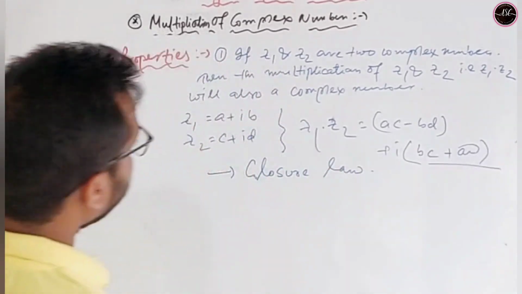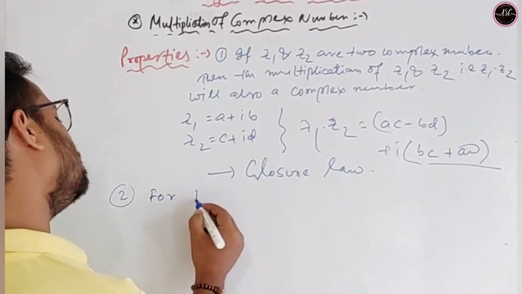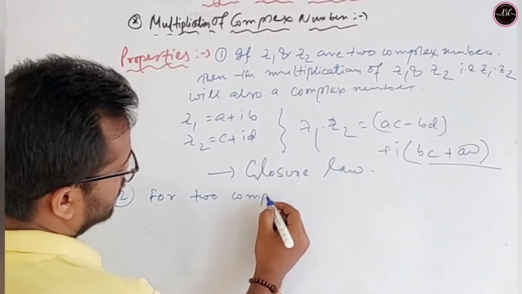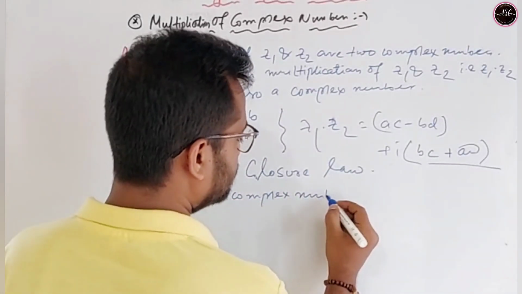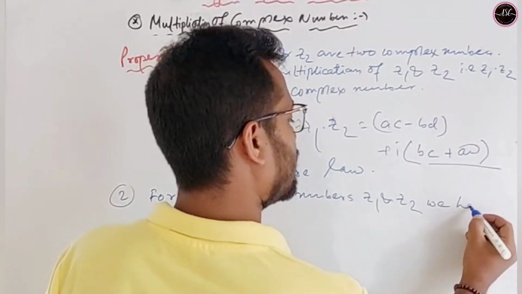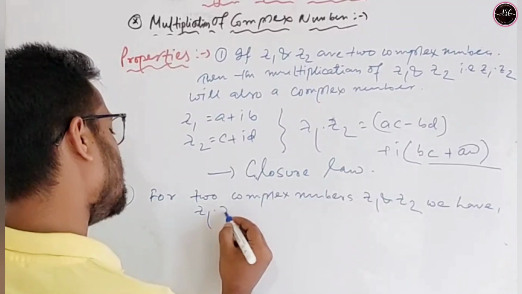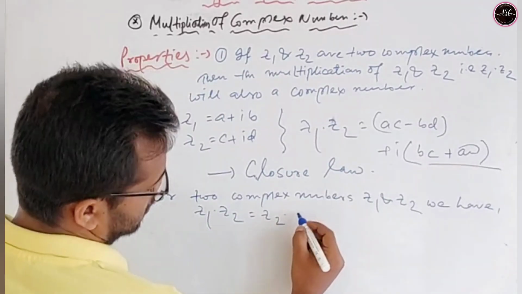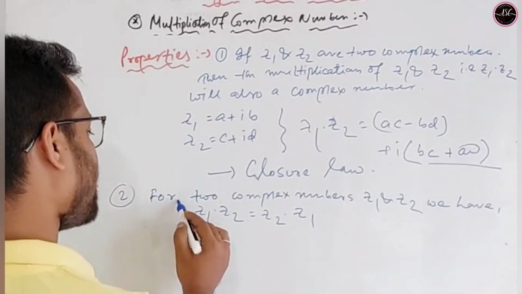Okay. Now property number 2. For two complex numbers Z1 and Z2, we have Z1 dot Z2 equal to Z2 dot Z1. Okay.